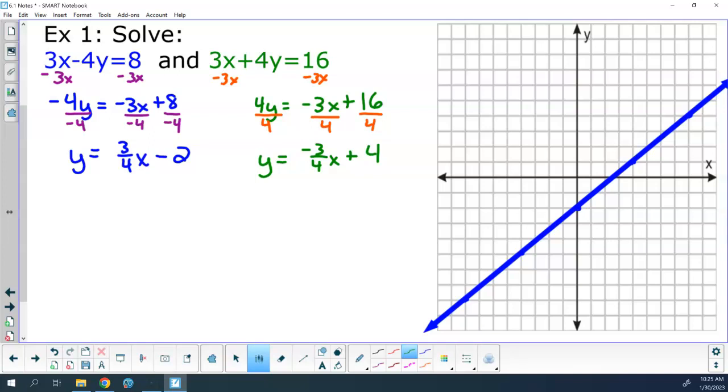From the origin, go up 4, put a dot. From that dot, go down 3, right 4. Down 3, right 4. Up 3, left 4. Also works.